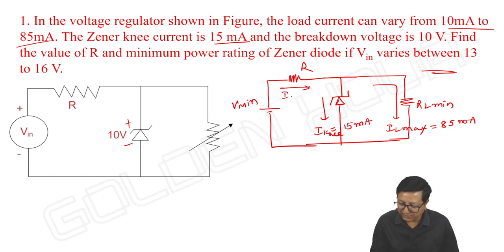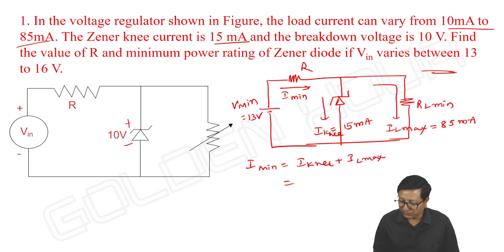At that time the current here is I minimum. V minimum is equal to 13 volts, which is known. They're asking us to find R. I minimum is equal to the knee current plus IL maximum, 15 plus 85, 100 milliampere.